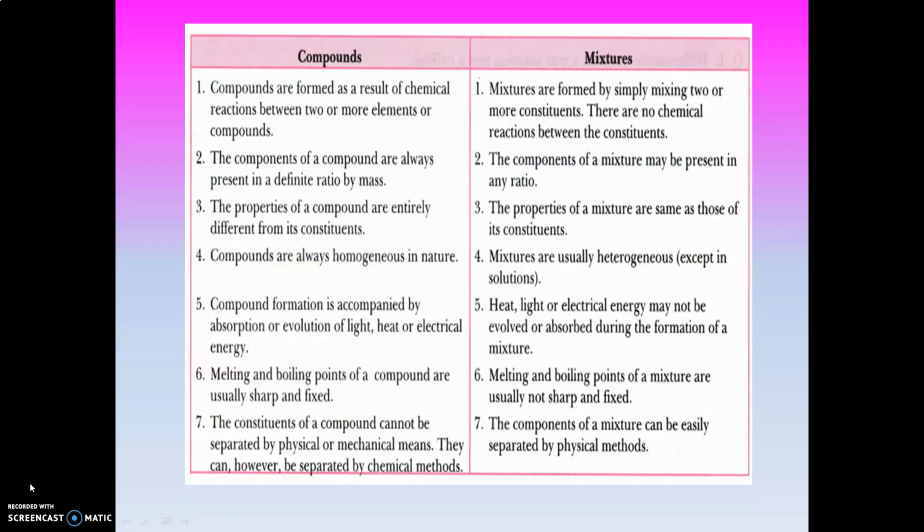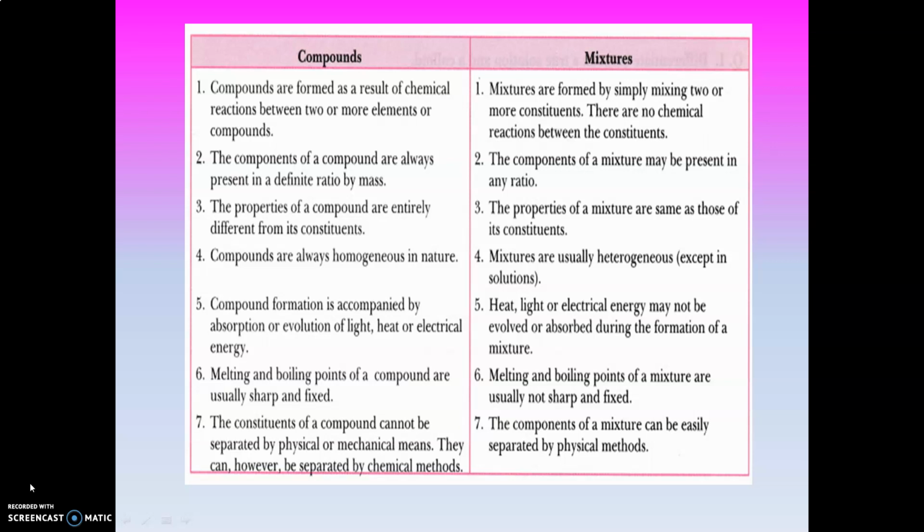Then the question comes, what is the difference between compound and mixture? Okay, on the slide there are various differences given. Like compound is a pure substance. First point is very important. Compound is a pure substance and mixture is an impure form. Okay, compound is always homogeneous.